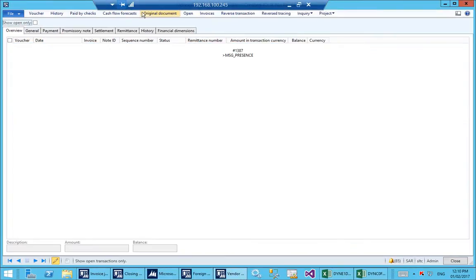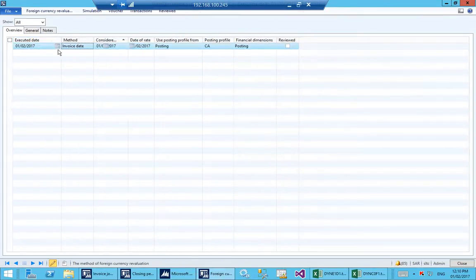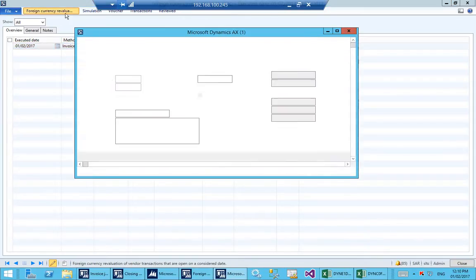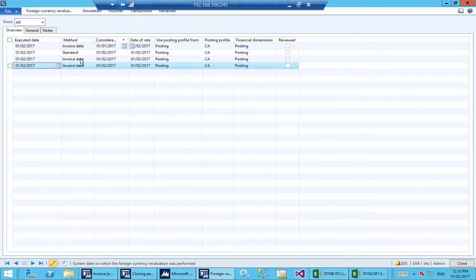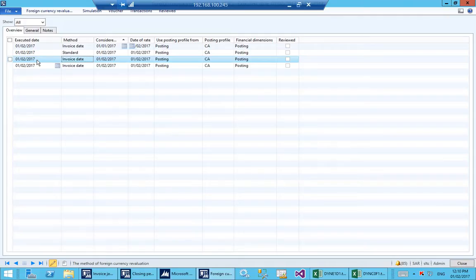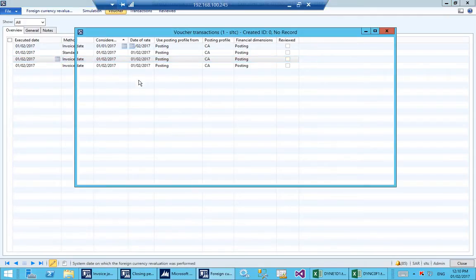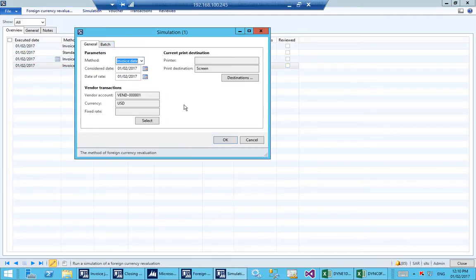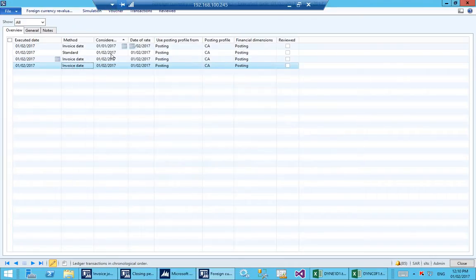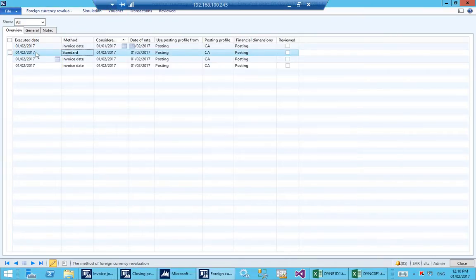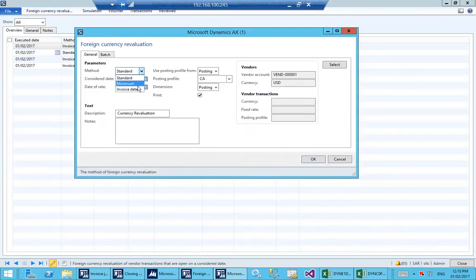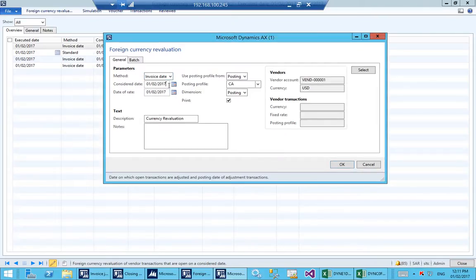Voucher. Transactions. Invoice date. Consider date.